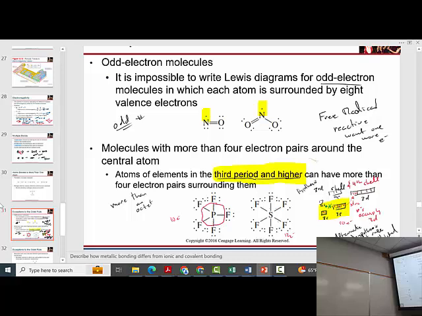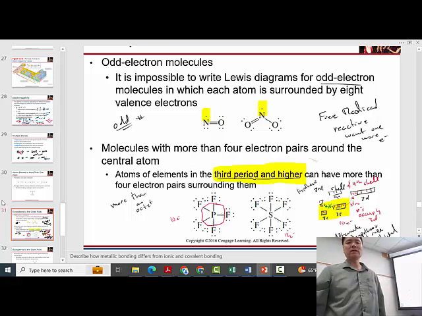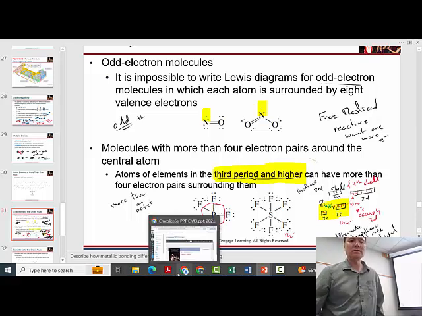And so then how do you accommodate this? There are other ways of accommodating this, but that's Chem 1A. It's more advanced. We don't want to talk about it here. So these are called expanded octets.